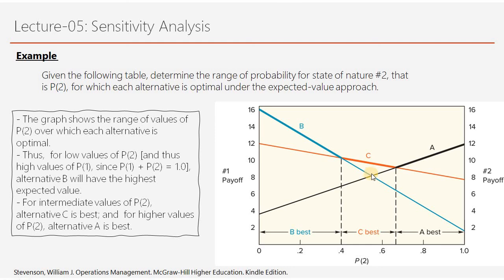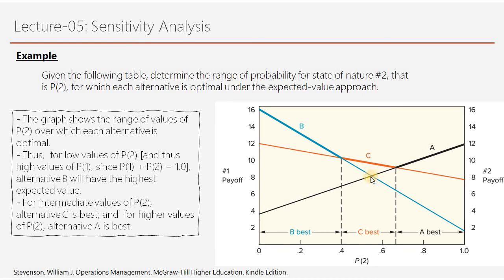So in this case, you will only have two ranges: from 0 to this point you will have a decision, and from this point till 1, and in these two ranges you will be looking at the lowest lines as the best alternatives.